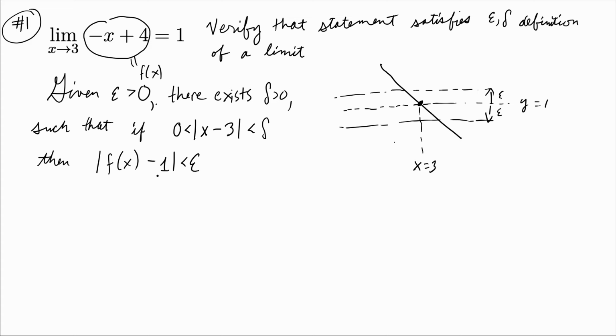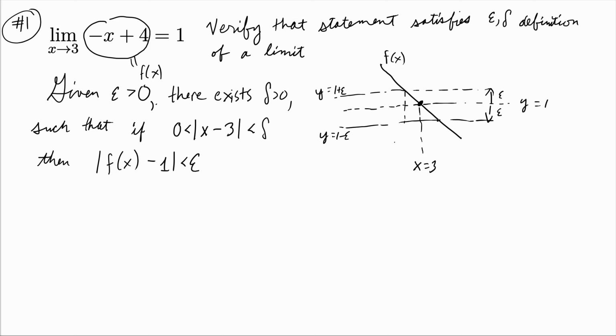Because that's basically what this means: the distance from the y value of the function to 1 is less than epsilon up and down. If we go to the points of intersection, the top line is y equals 1 plus epsilon, and the bottom one is y equals 1 minus epsilon. We look at their intersections with the function itself, f of x right here.